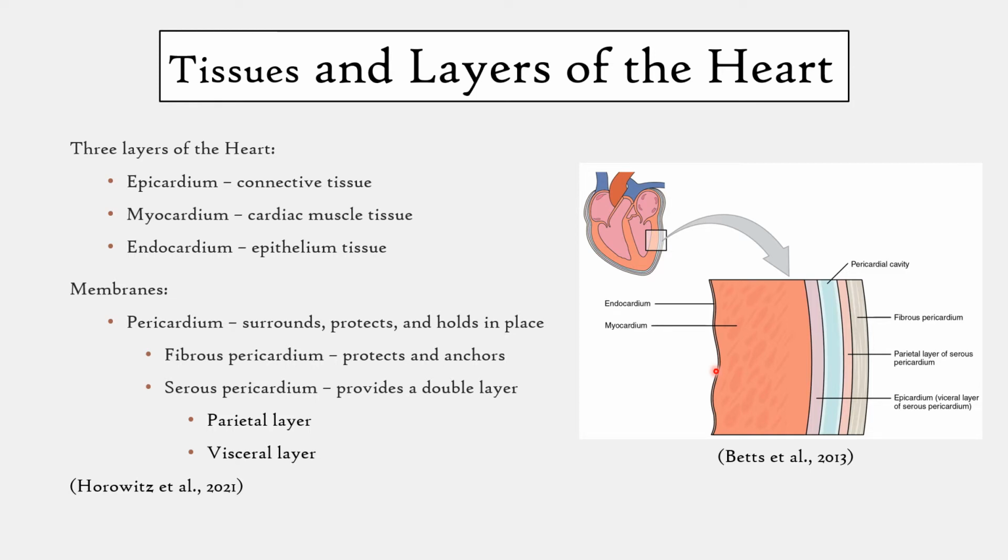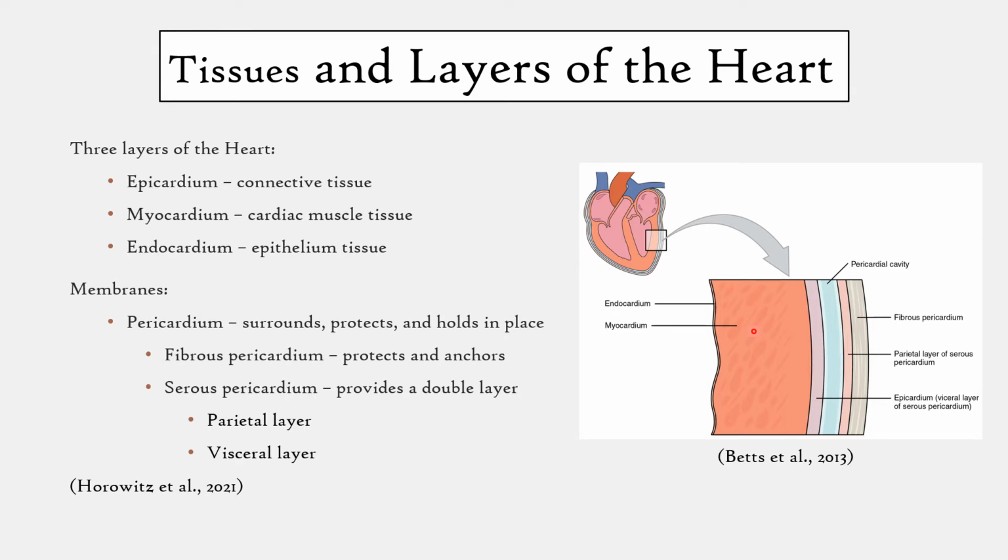The myocardium makes up the bulk of the heart and is composed of cardiac muscle tissue. So in the diagram here, we can see that it makes up the majority, and it has these little faint pink strips, which would be the striations of the cardiac muscle tissue.